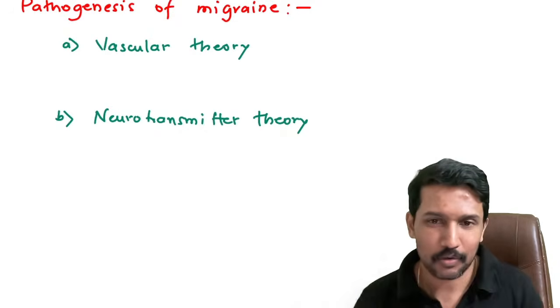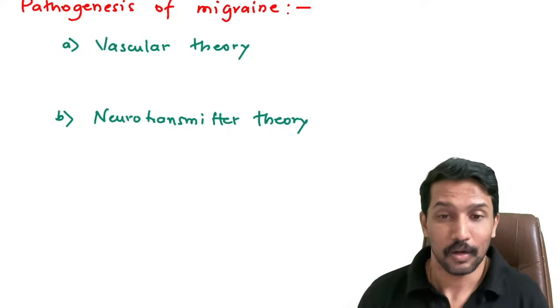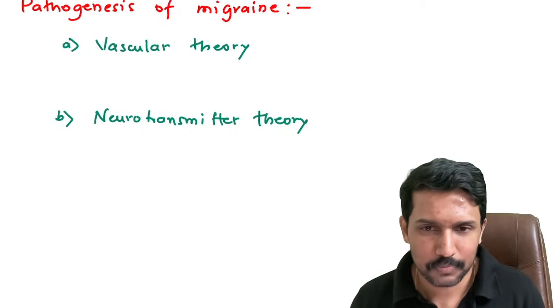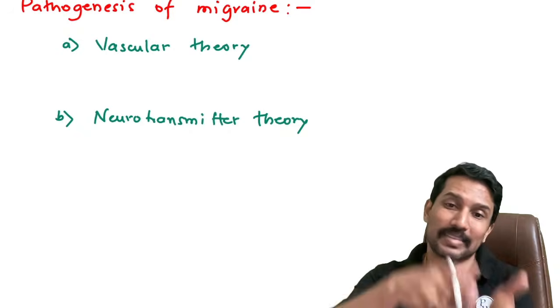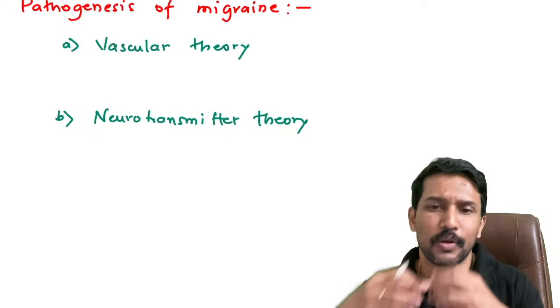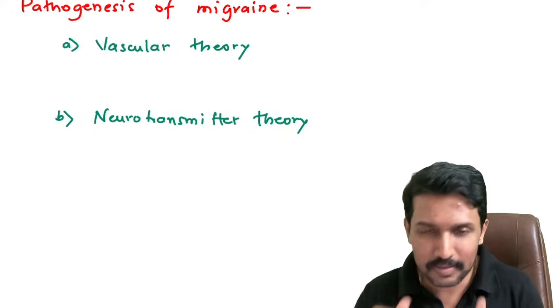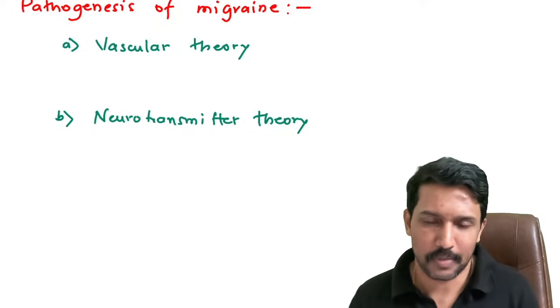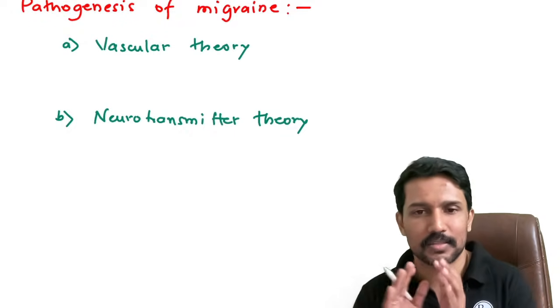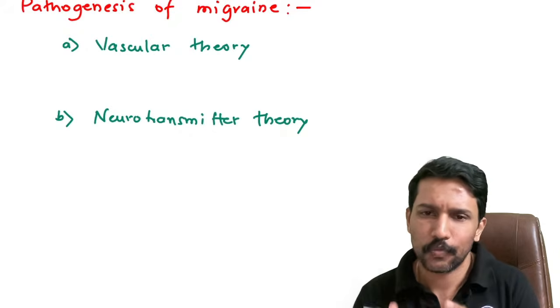It says I will accommodate the normal sized brain, normal amount of CSF, normal amount of blood flow. I don't have space for an extra amount of blood flow. I don't have space for extra CSF. I don't have space for any extra tissue. So if I increase the blood flow to some part of the brain, localized intracranial tension increases and that triggers the headache. This is the basis of the vascular theory.